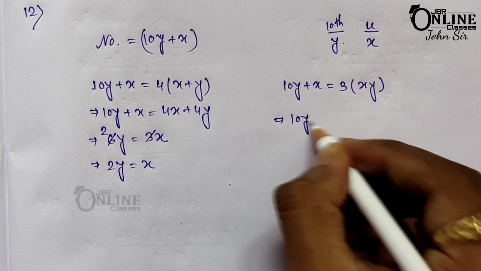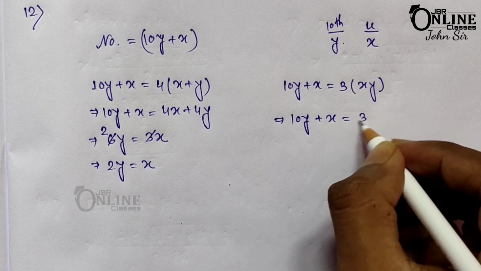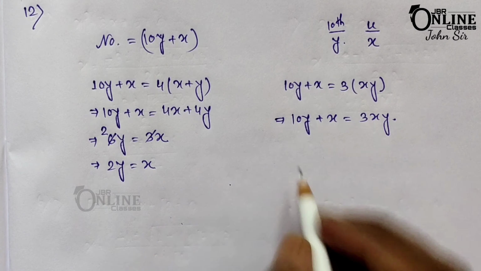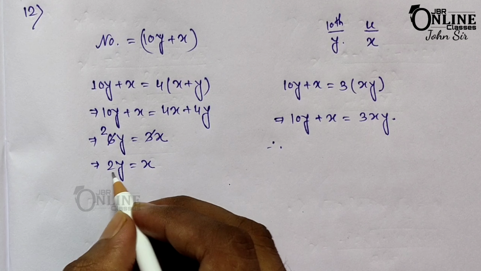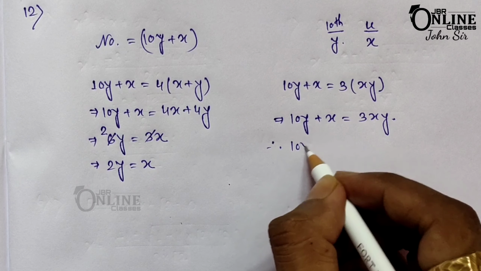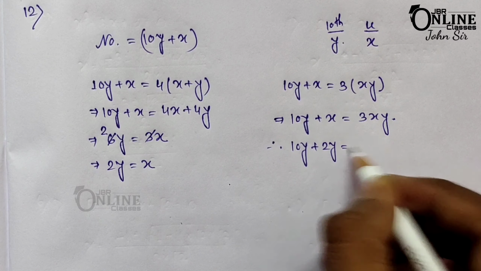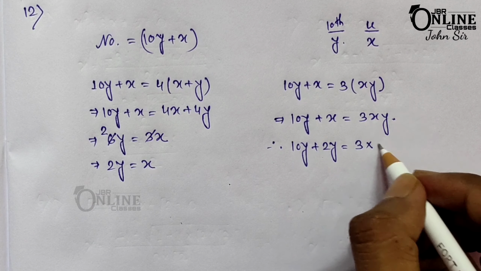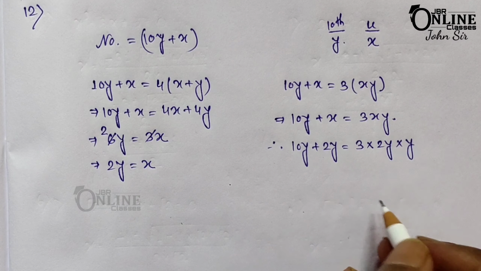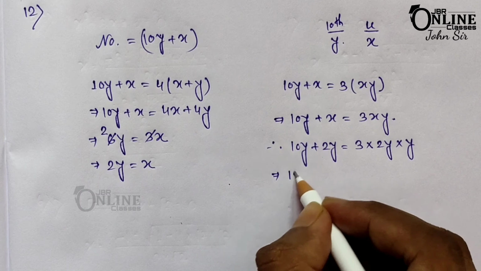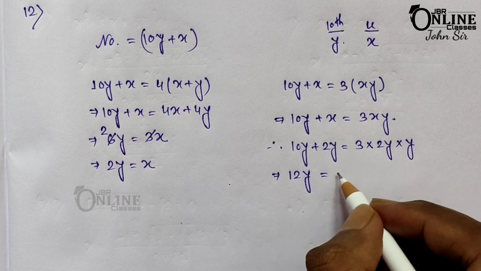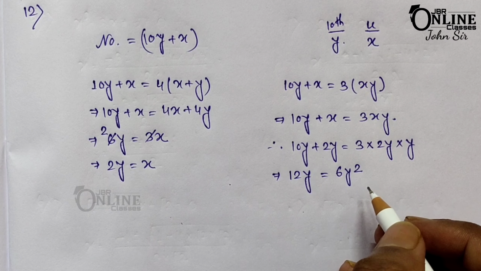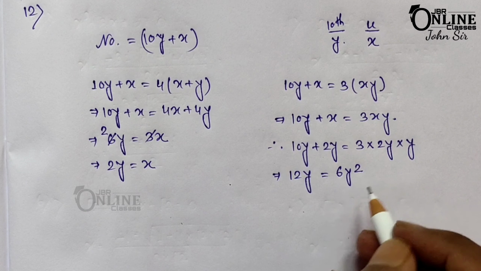Clear? So 10y plus x equals 3xy, and as you know x equals 2y, that means 10y plus 2y, and here 3 into x means 2y into y. Now 12y equals 3 into 2, 6y square.